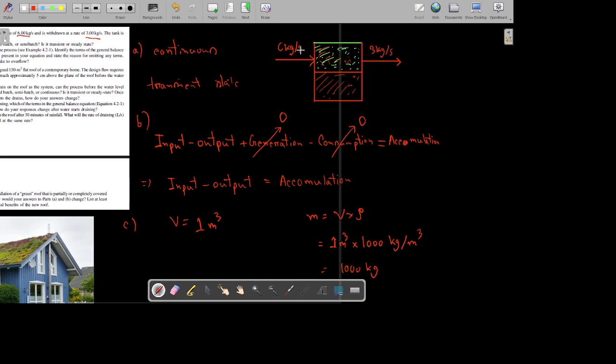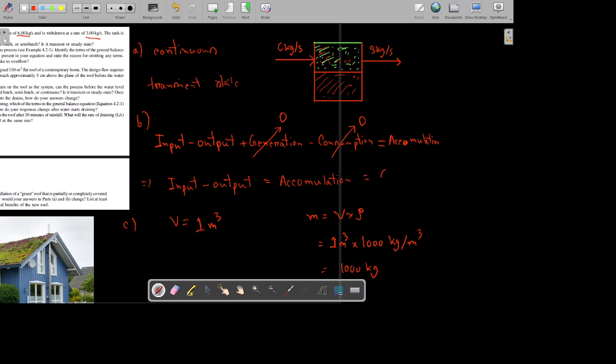Now you can see per second 3 kg of water is accumulating within the tank. 6 kg is entering per second and 3 kg is being removed per second. So that means 3 kg per second of water is accumulating within the tank. Pretty simple. As you can see there, accumulation equals input minus output.